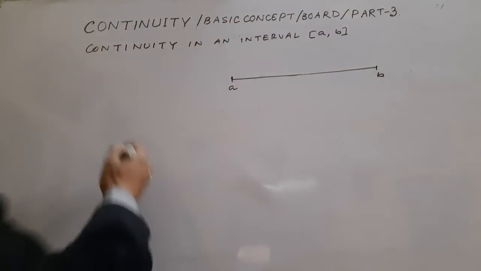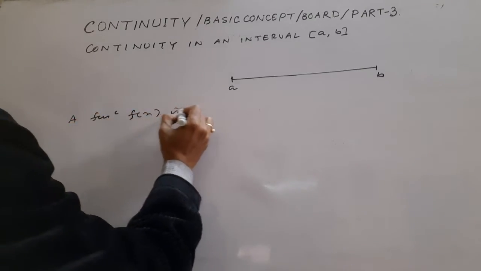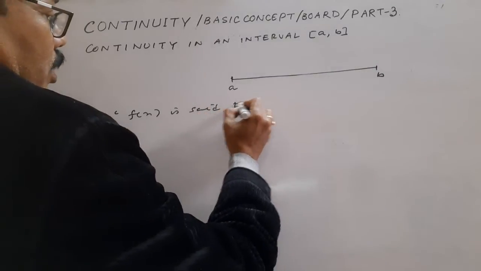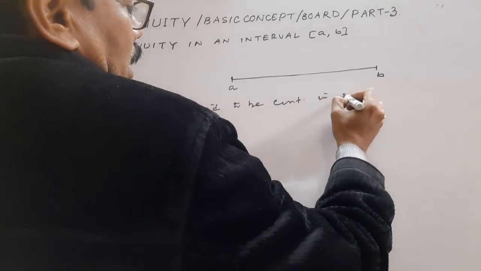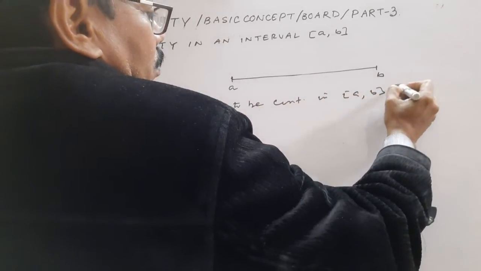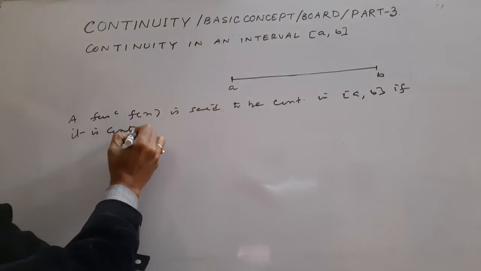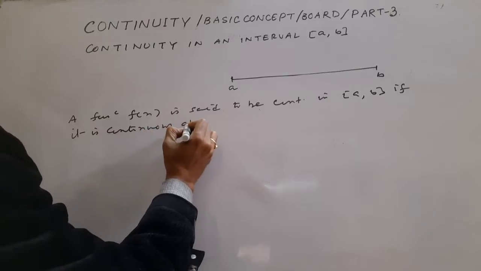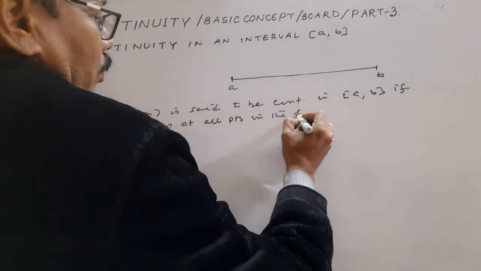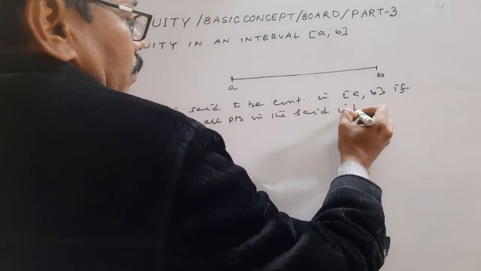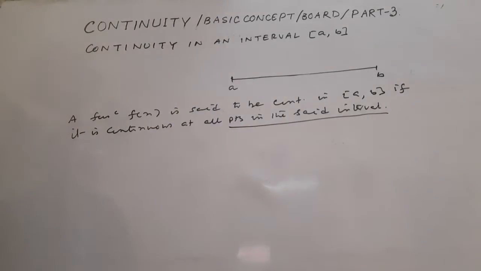So what is the definition? A function f(x) is said to be continuous in (a, b) if it is continuous at all points in the said interval.